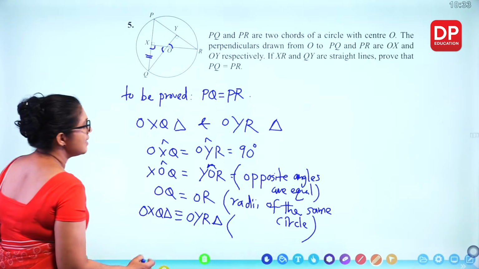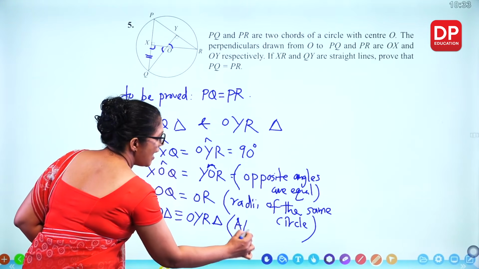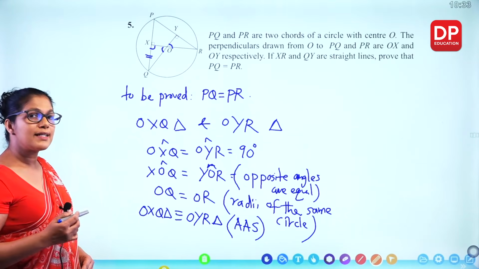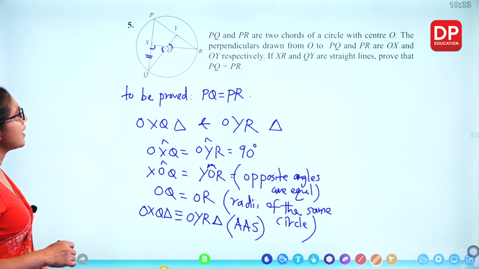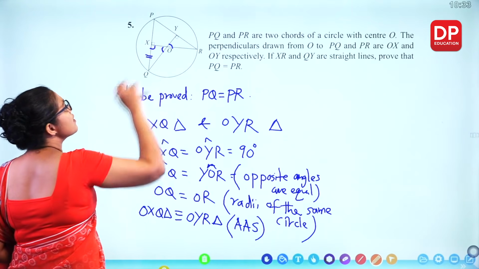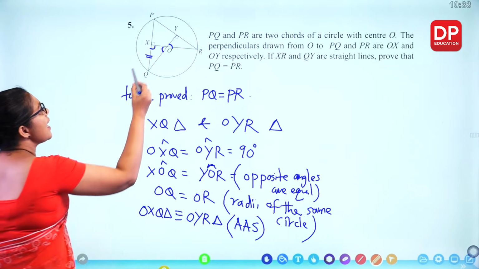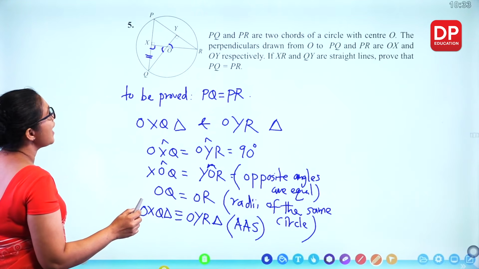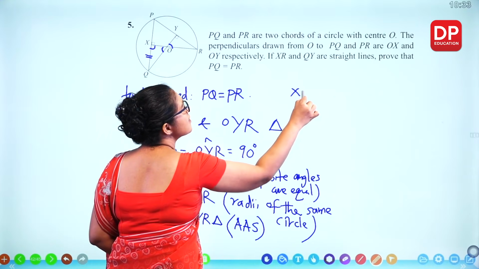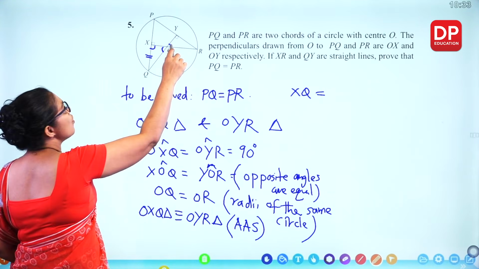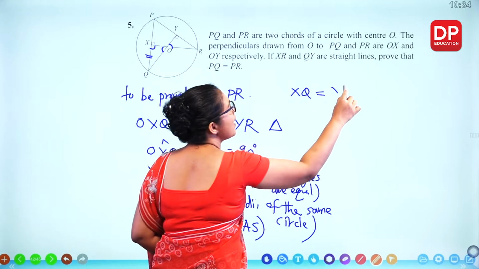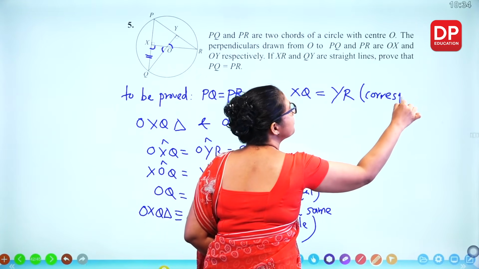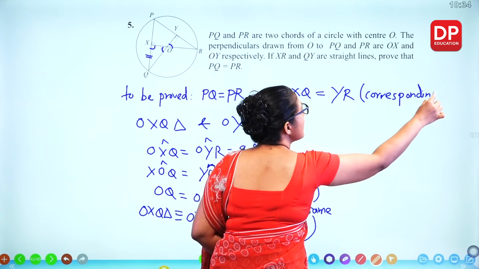What's the reason? This is angle, side. So if these two triangles are congruent, what can you say about the corresponding elements? Opposite to this angle is XQ. XQ is equal to, opposite to this one is YR. So that's corresponding elements.